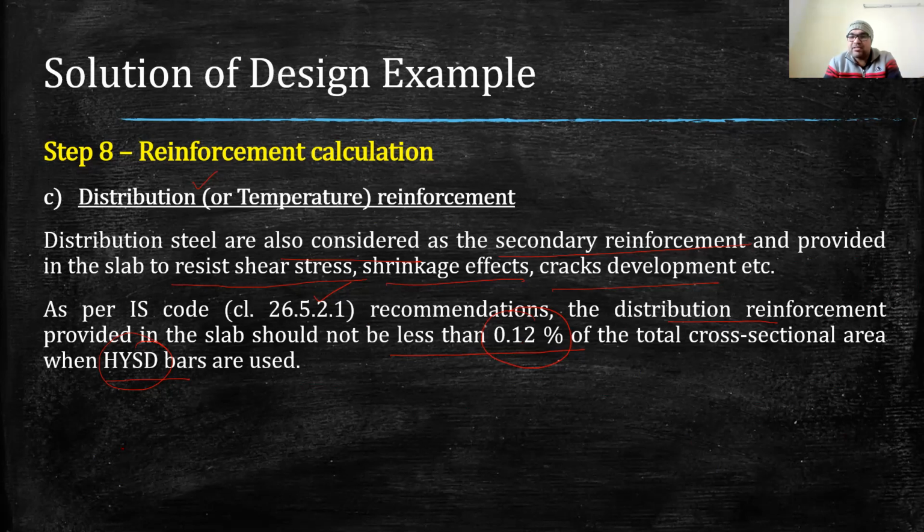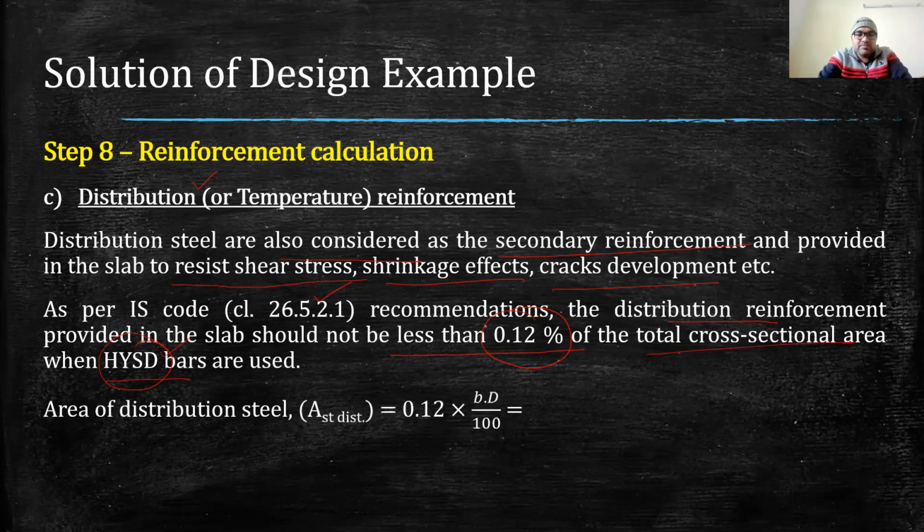So we have to check the grade of steel that we are using, and depending on the grade of steel, the quantity of distribution reinforcement will also change. As we are using HYSD bar, which is Fe415, the distribution reinforcement quantity will be 0.12% of the total cross-sectional area.